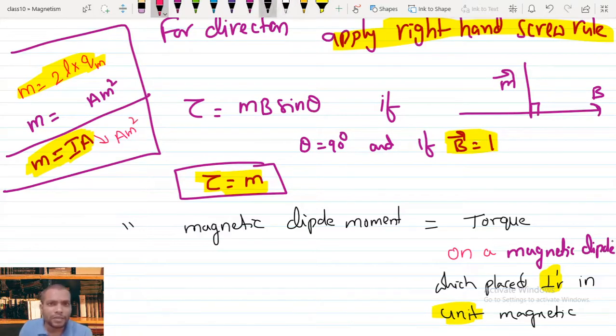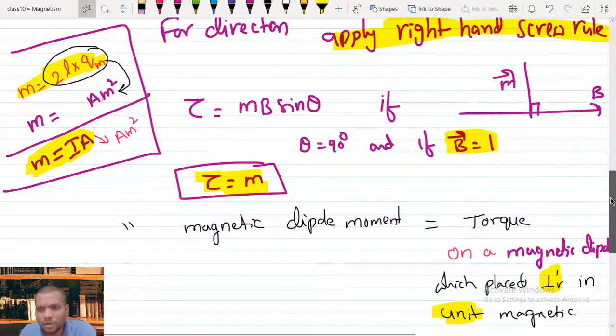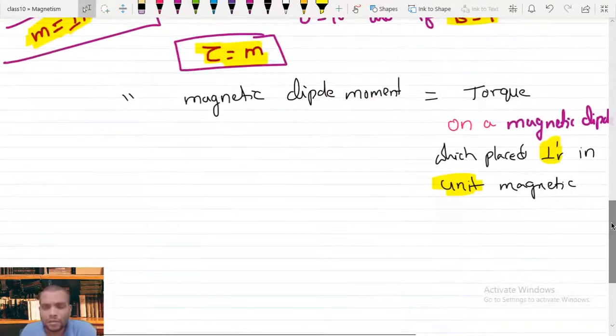But if you think one more time, how will this 2lQm give us ampere meter square as units? 2l is length units, and what are the units for Qm, the magnetic pole strength? We do not know those units, but we can derive them here.